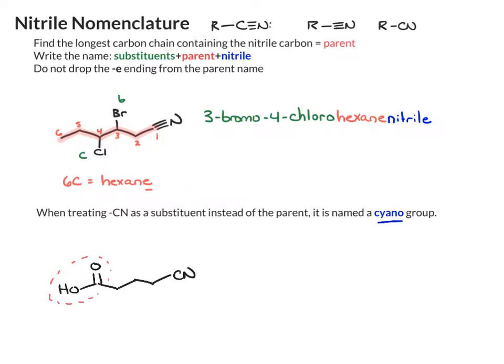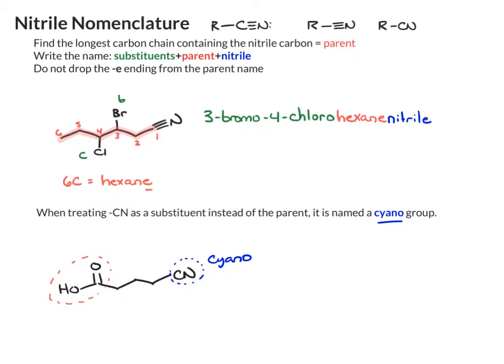That's our highest priority functional group. Later on, when we talk about naming carboxylic acid derivatives, I'll give you some more details as to how to prioritize all of the functional groups. But this is our highest priority functional group, meaning the CN group as a whole, that is a cyano substituent.